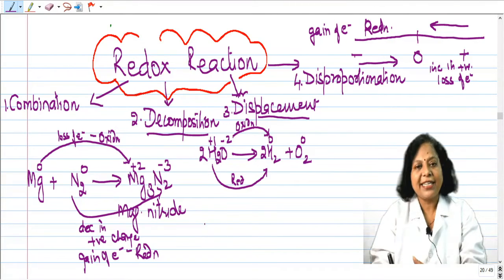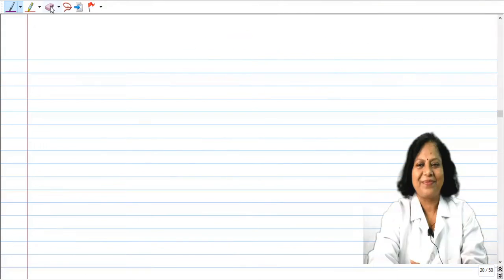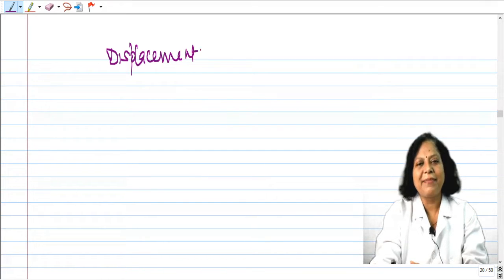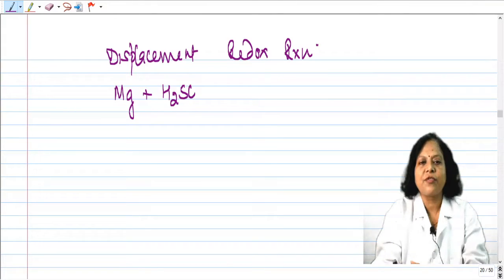Now let's understand the example of displacement. Let me take another page. We take up the displacement redox reaction. Suppose magnesium combines with H2SO4.